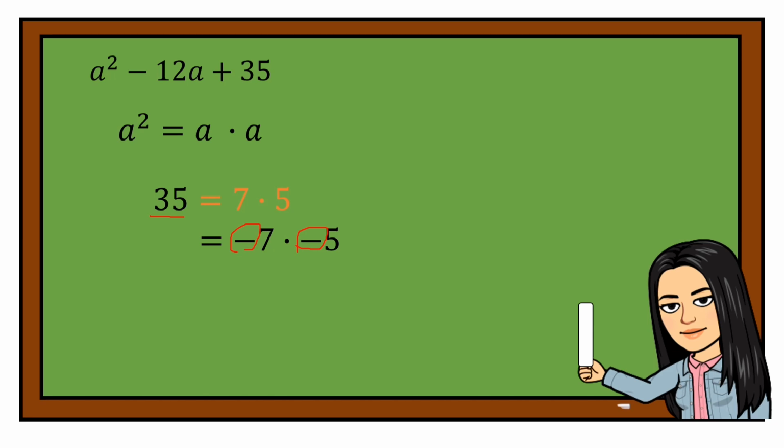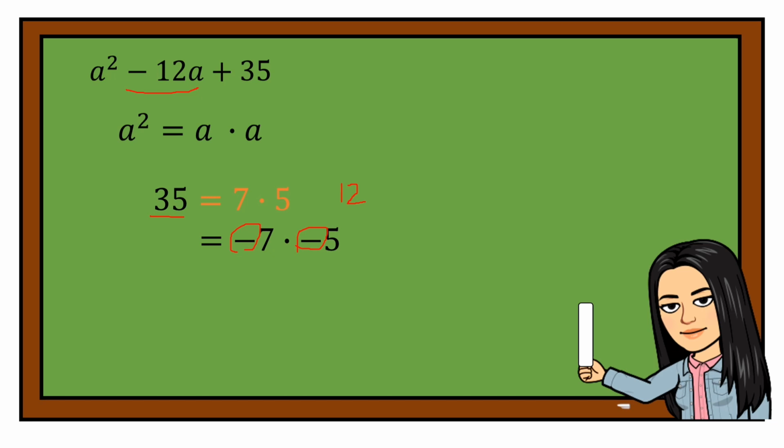Next, okay, let us identify on these two pairs which sums up to the middle term. So we are looking for negative 12. Our middle term is negative 12. So 7 plus 5 will give us positive 12. And then negative 7 and negative 5, both are negative.